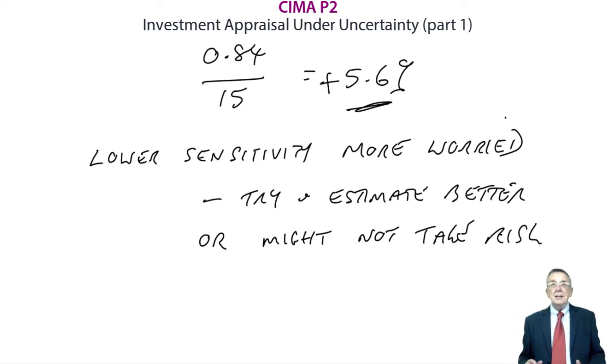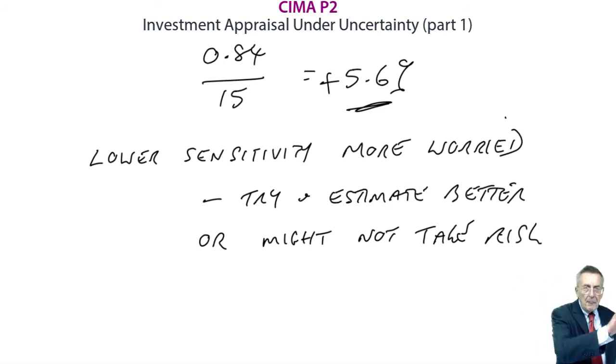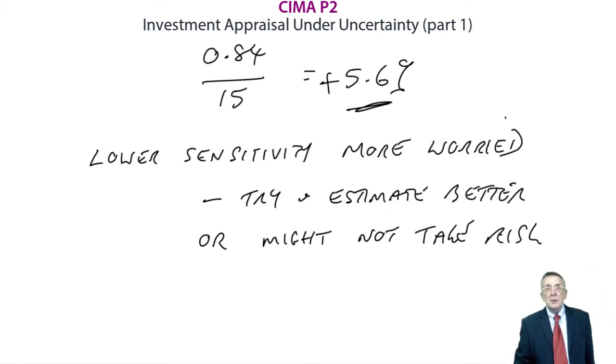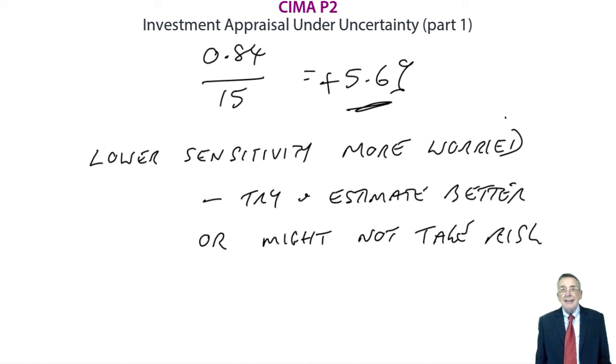I could have a spreadsheet setting it up for every possible level of sales volume I could imagine, every possible contribution, every level of fixed costs. So lots and lots of different combinations, and work out all the possible NPVs that could result. I certainly need a spreadsheet. There's no way I could do this on a piece of paper. Perhaps I think the fixed overheads would be 14,000, 15 or 16.